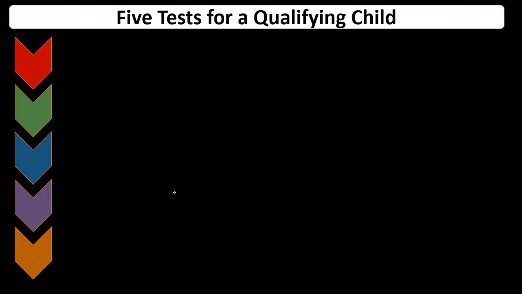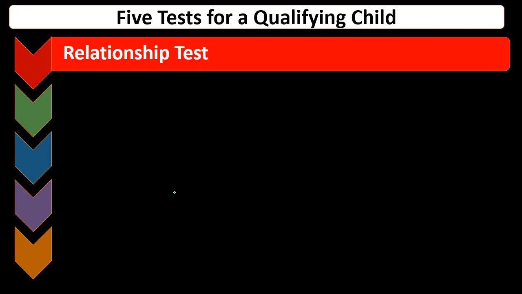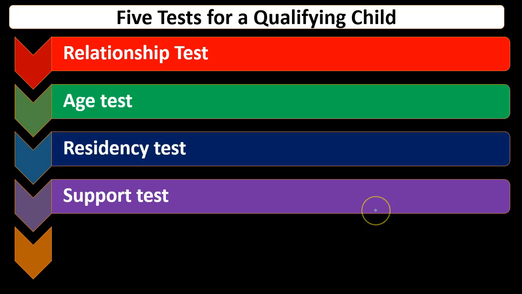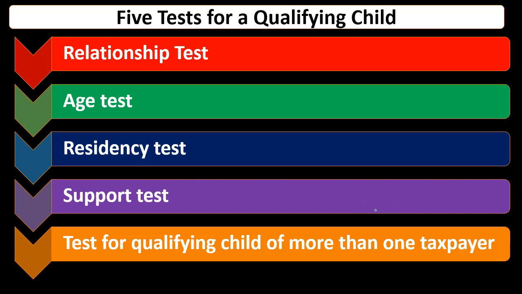Now we're going to the qualifying child, which has 5 tests. This would be the preferred way to go, the qualifying child, as opposed to a qualifying relative. You have the relationship test, an age test, a residency test, a support test, and a test for qualifying child of more than one taxpayer.